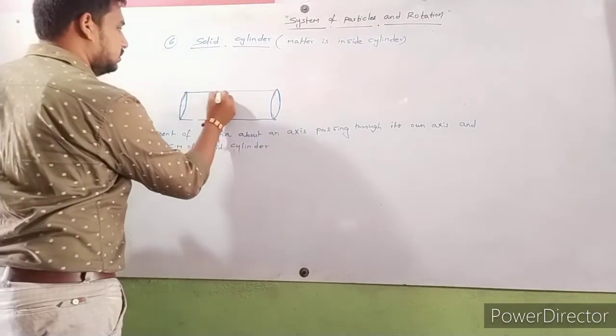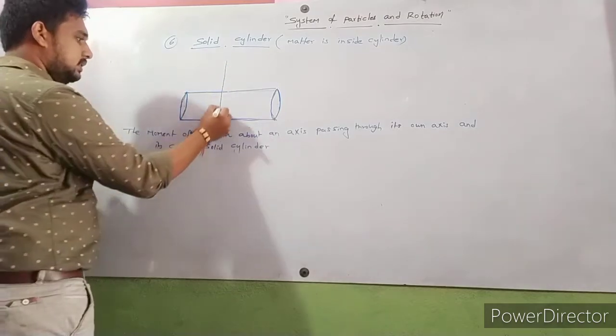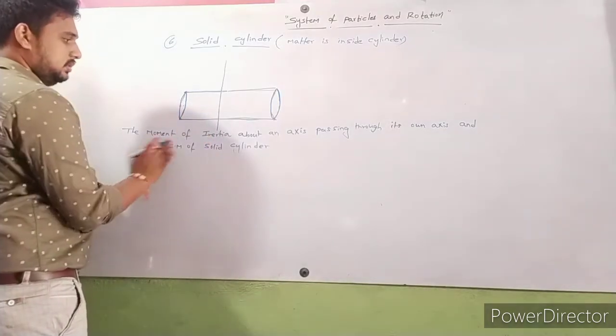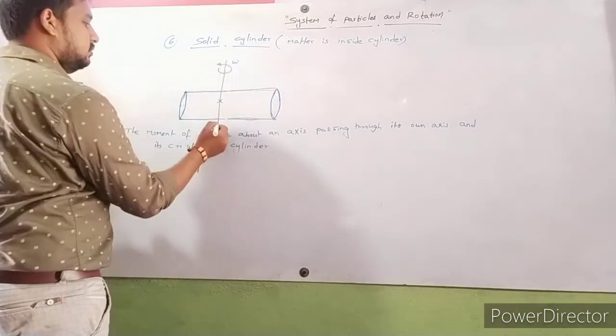Now we will discuss case 2. This is the angular velocity omega.